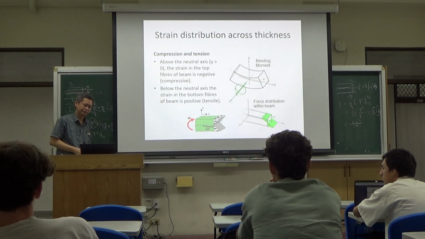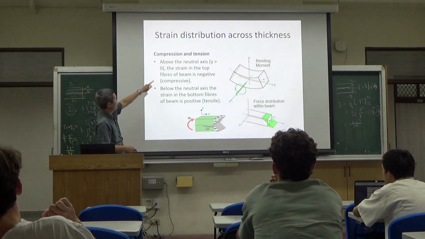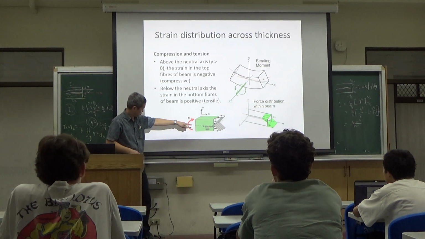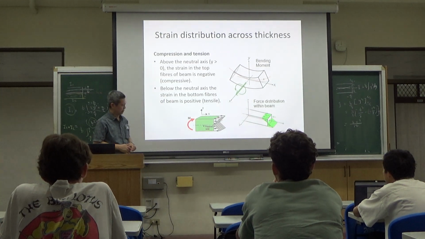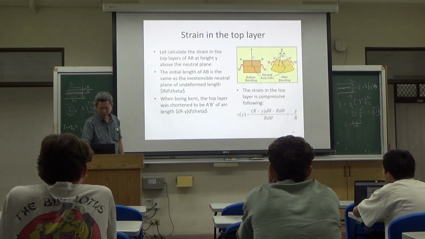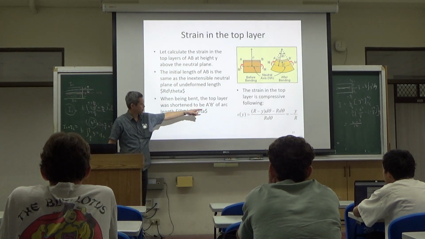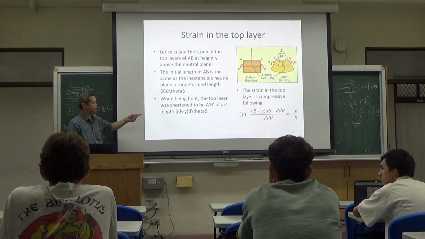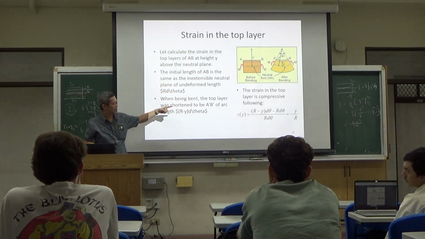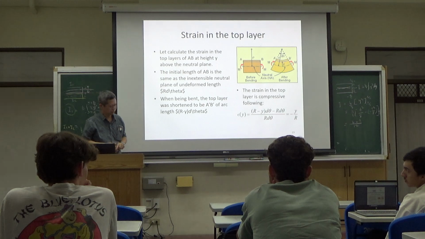And then next, we already described how the strength will be described. The stress is proportional to the distance away from the neutral axis. If the bending was curling up, the top one will undergo compression.